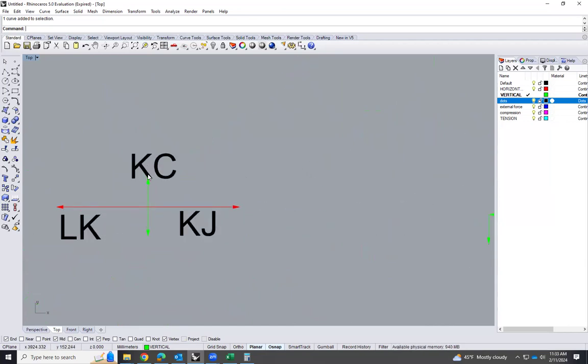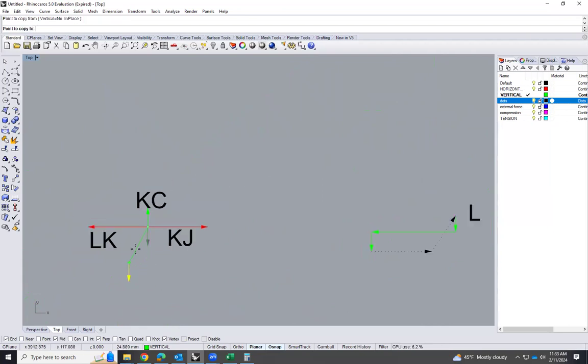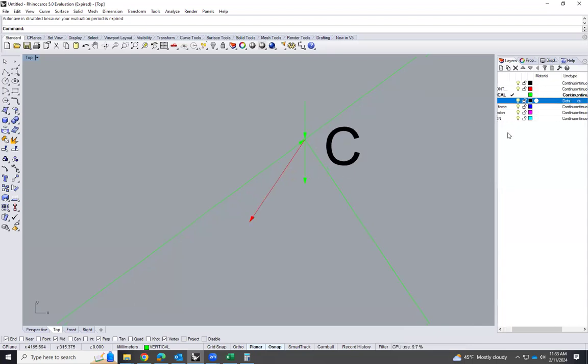If at point K it goes up, at point C it has to go down. Okay. And now we have these two bars. We have only two unknowns. So now let's start the polygon.